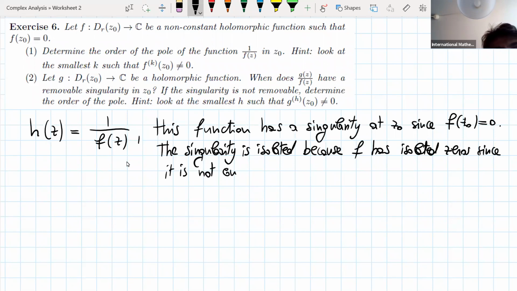You always have the case of a function which is constant equal to 0, but we are assuming here that the function is not constant. So then this singularity is isolated.